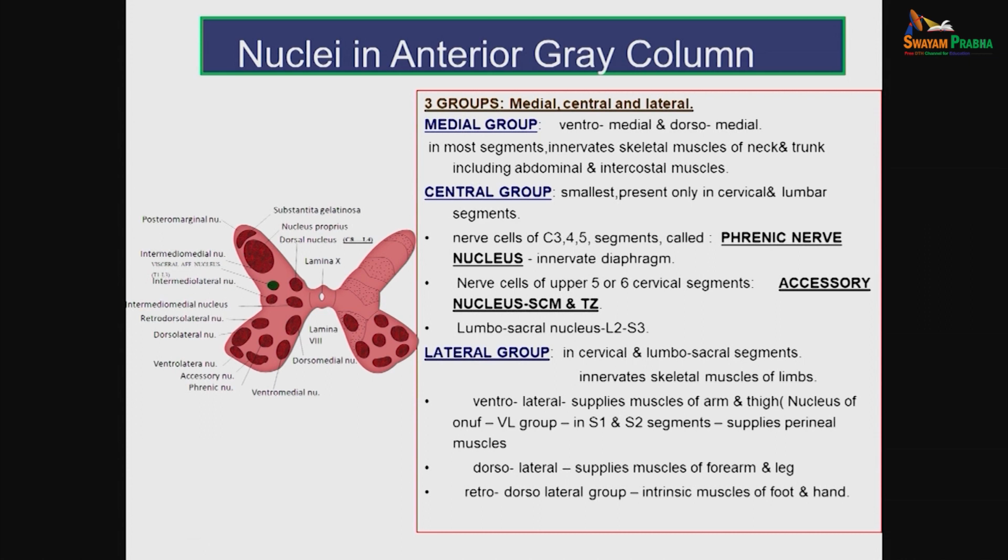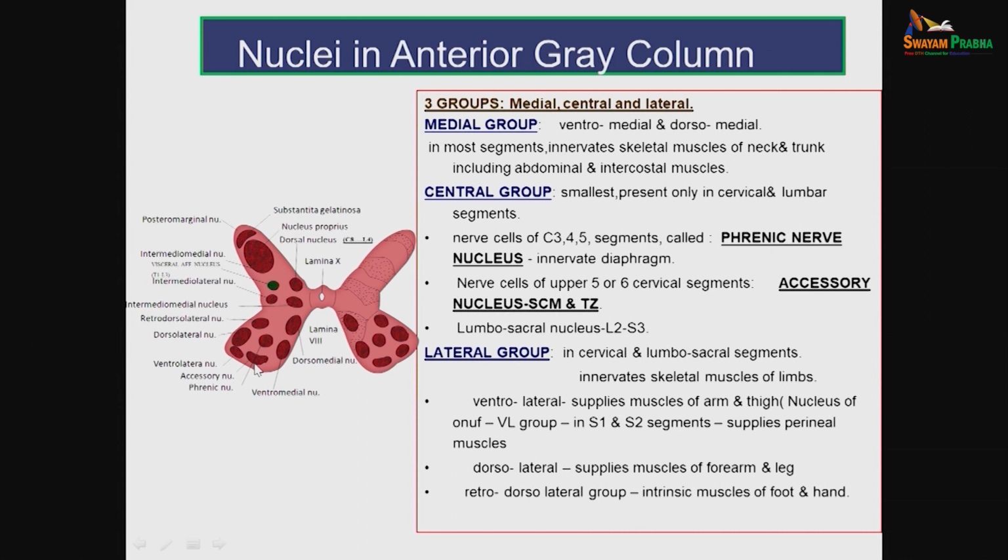They go and innervate skeletal muscles of the neck and trunk. That is, they supply the abdominal and intercostal muscles, and also muscles which are present in the neck. So, the medial group of nuclei is going to innervate skeletal muscles of the neck and trunk, including abdominal and intercostal muscles.